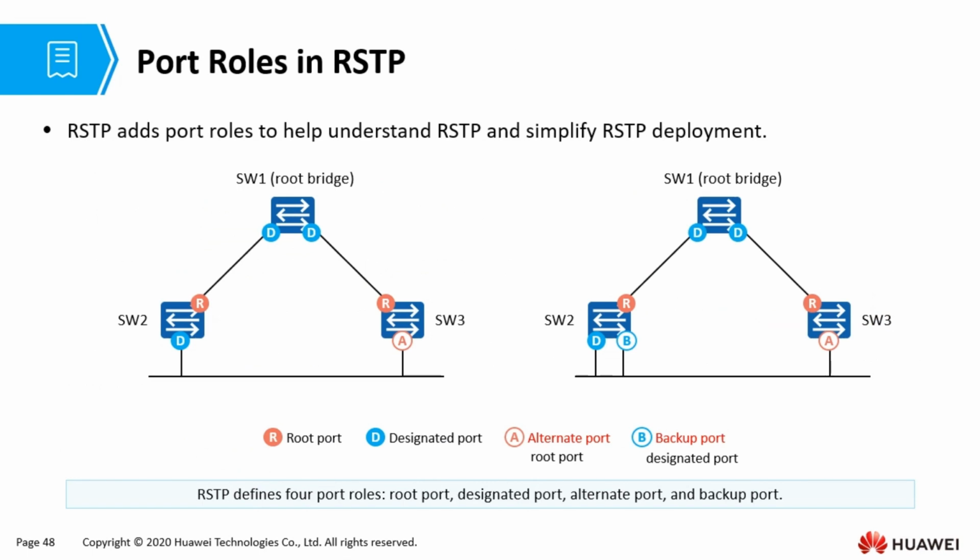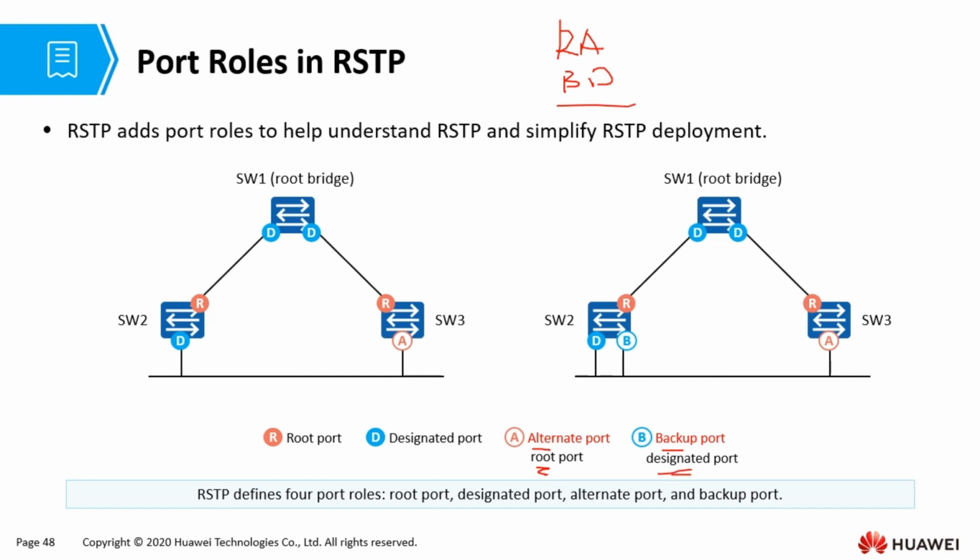Under RSTP, there are new roles: the edge port and the backup port. Just now, when we were learning STP, I mentioned R, A, B, D. This one is always asked in the exam, so make sure you don't confuse it. The alternate port is used to back up the root port. The backup port is used to back up the designated port.